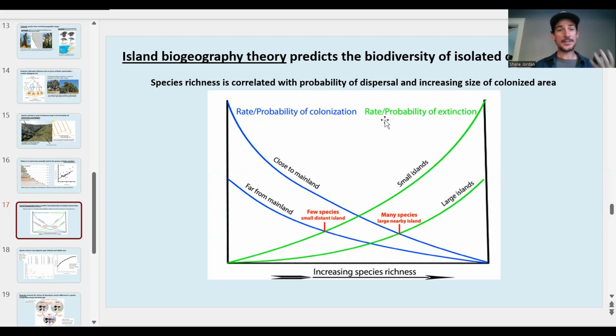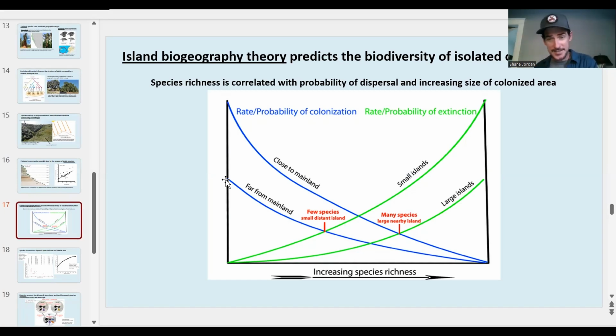The idea basically is that the closer that a particular area is to a potential colonizing source species, that is to say, the mainland, the closer an island is to the mainland, and the larger that island is, the higher the probability that that island will be colonized and have high species richness.